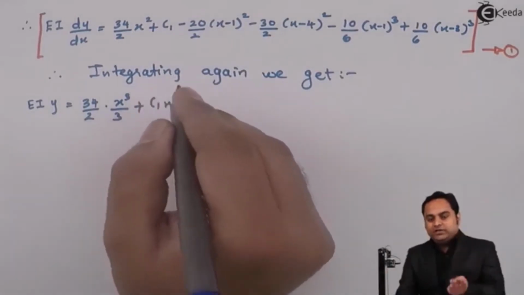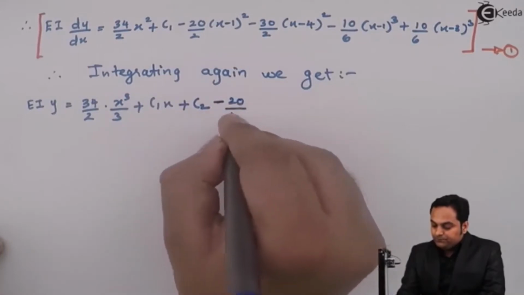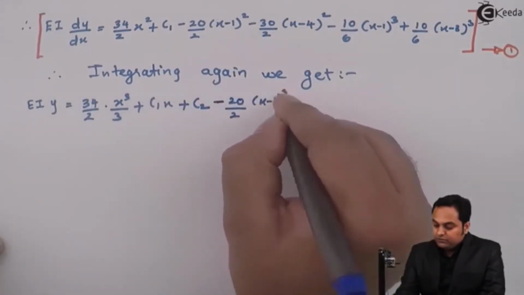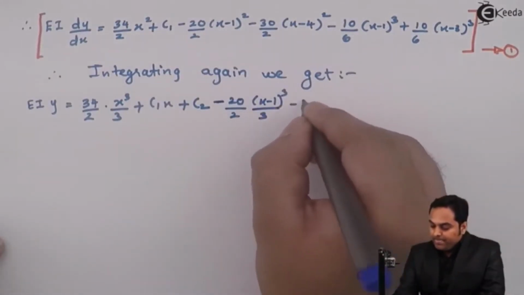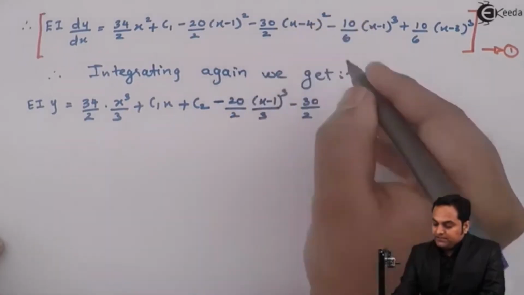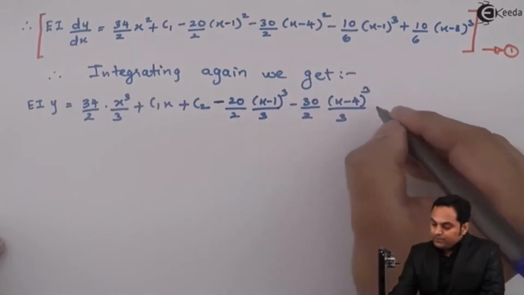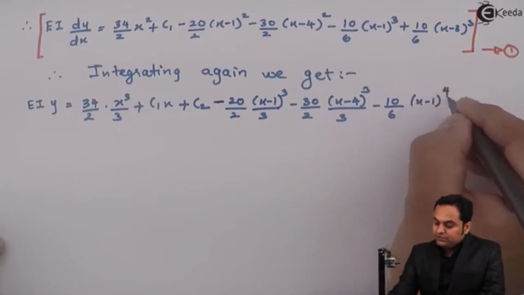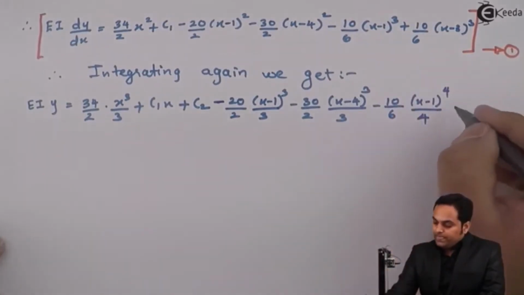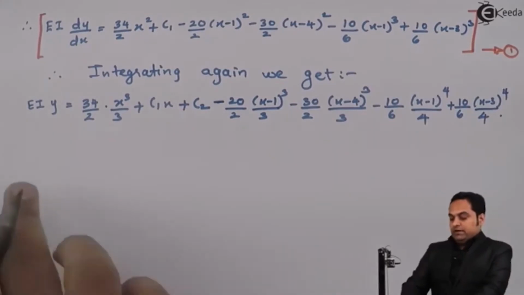Since I am integrating it twice, another constant which is c2, minus 20 by 2 x minus 1 square, so integration is x minus 1 whole cube divided by 3, minus 30 by 2 x minus 4 square, so x minus 4 cube divided by 3, minus 10 by 6 x minus 1 whole cube, so that is x minus 1 raised to the power 4 divided by 4, plus 10 by 6 x minus 3 raised to the power 4 divided by 4. I'll simplify this.